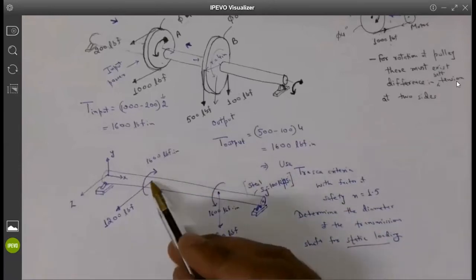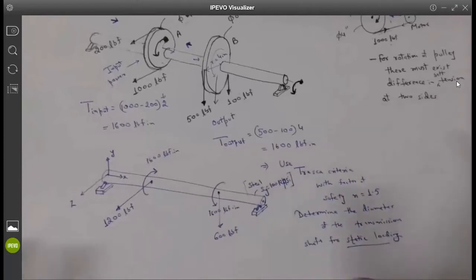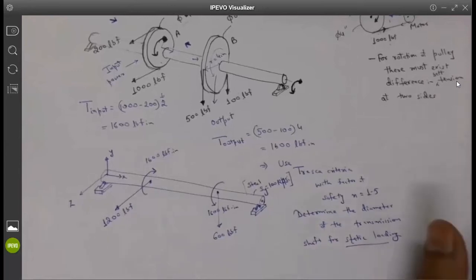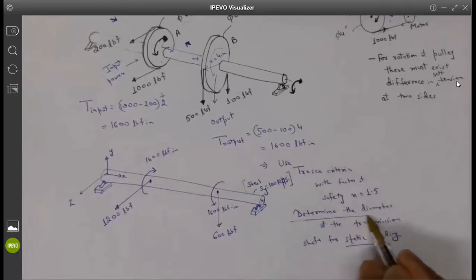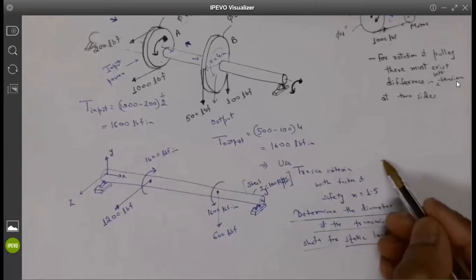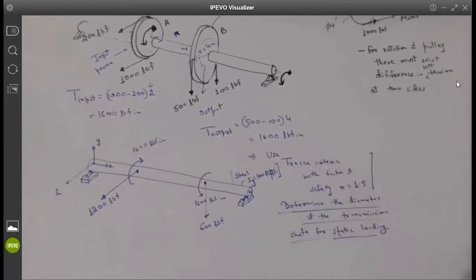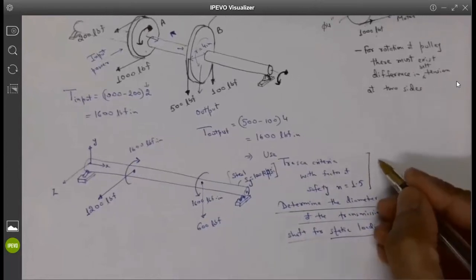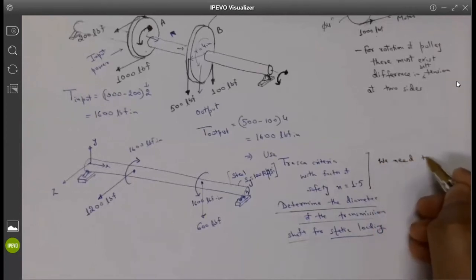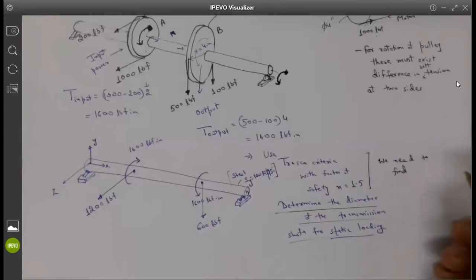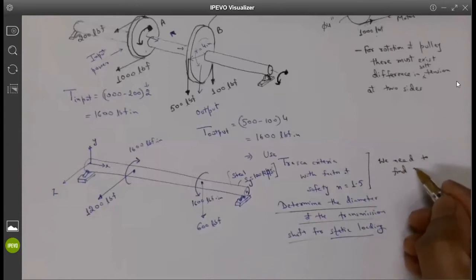Okay, so before we start to find the stress, by now everybody will agree that if we have to determine the diameter of the transmission shaft for static loading using the Tresca criteria, we need to find the maximum stresses, right? If you remember Tresca's criteria, what does it say?